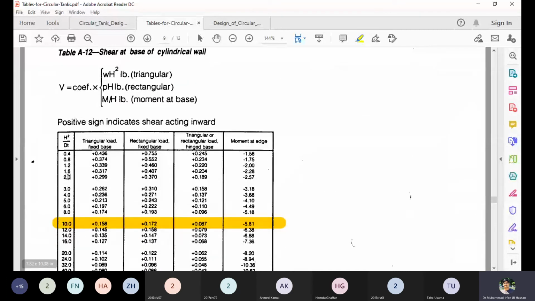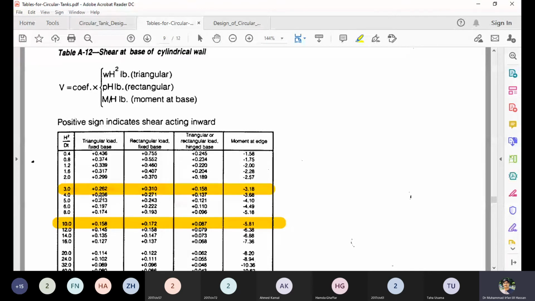You have this H square over Dt value, whatever the value is, you can pick this coefficient for the fixed base.